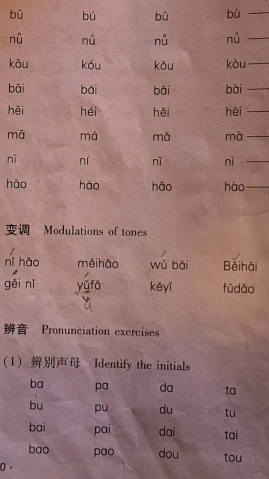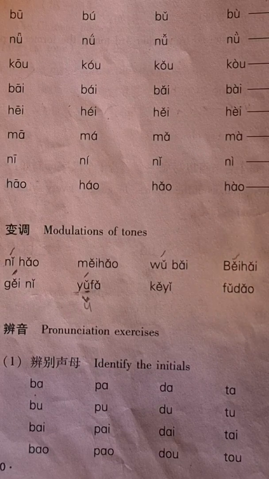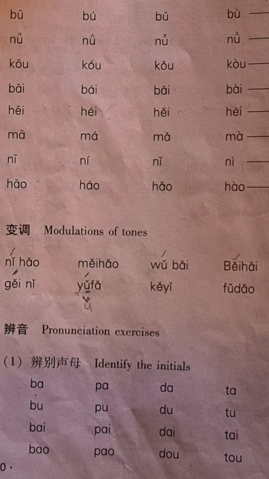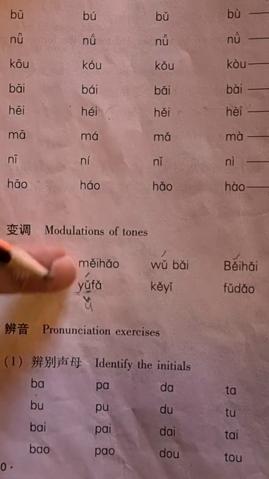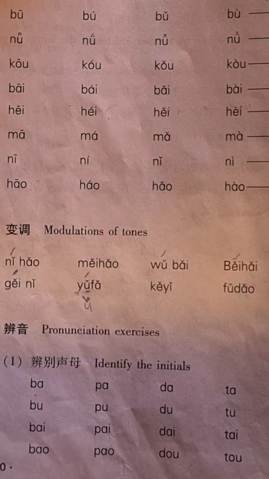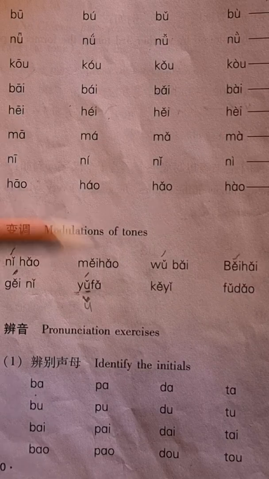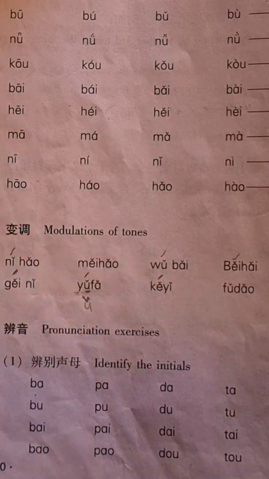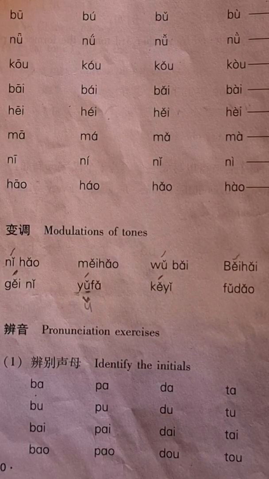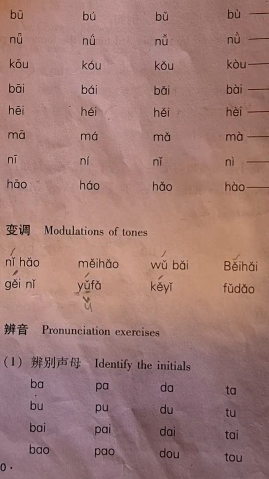So it's gonna be yu fa, which means grammar. Here, not ke yi, no, it's ke, like go up, 可以, which means it's allowed, or can you allow me? The meaning of allowed is 可以.